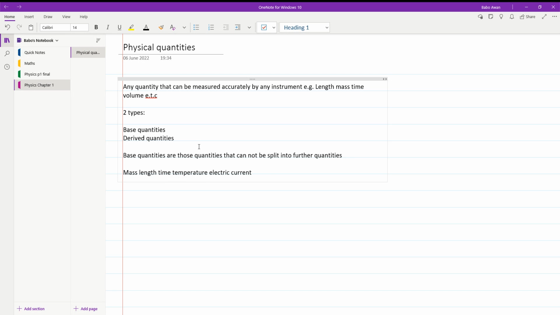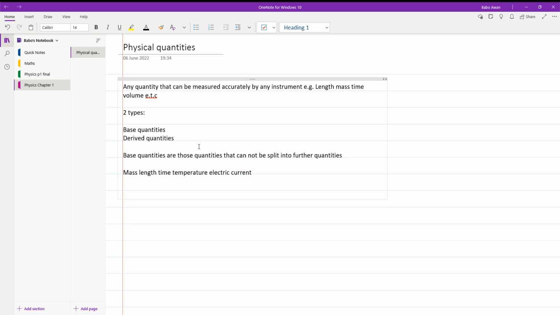For electric current, it's ampere. For amount of substance, it's moles. And for intensity of light, it's candela. So these are some examples of base quantities.